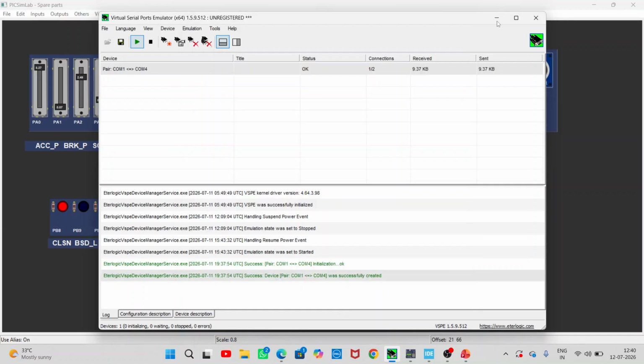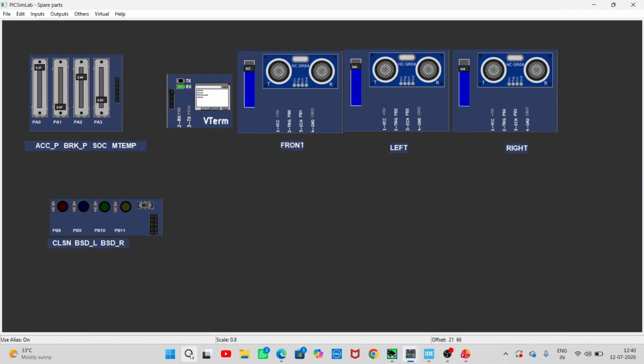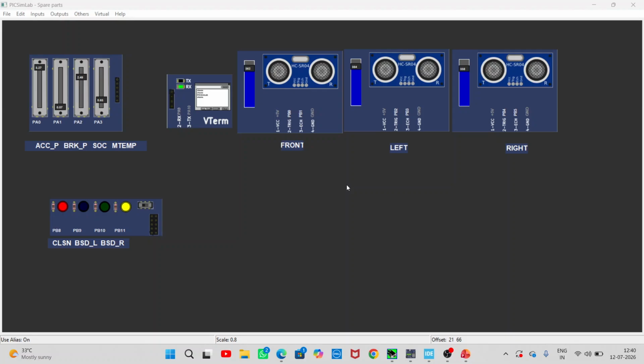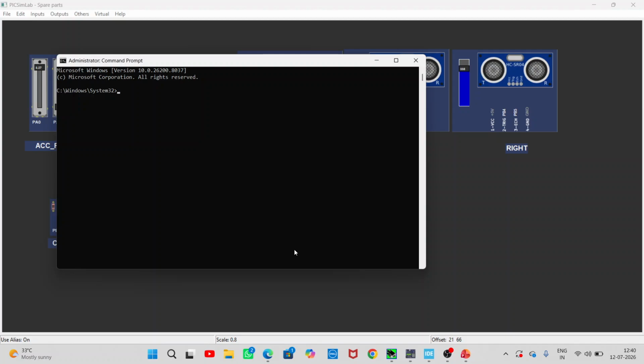Then we open the command prompt. Here we change the directory.